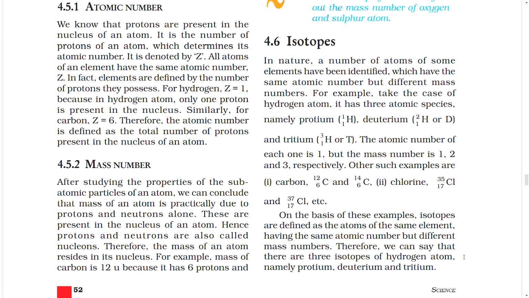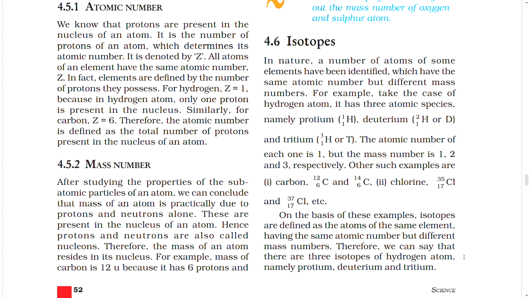4.6 Isotopes. In nature, a number of atoms of some elements have been identified which have the same atomic number but different mass numbers. For example, take the case of the hydrogen atom. It has 3 atomic species, namely protium 1H1, deuterium 2H1 or D, and tritium 3H1 or T. The atomic number of each one is 1, but the mass number is 1, 2 and 3 respectively.